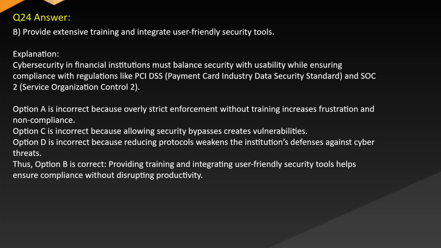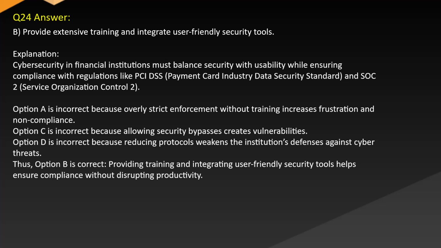Answer B. Provide extensive training and integrate user-friendly security tools. Explanation: cybersecurity in financial institutions must balance security with usability while ensuring compliance with regulations like PCI DSS, Payment Card Industry Data Security Standard, and SOC 2, Service Organization Control 2. Option A is incorrect because overly strict enforcement without training increases frustration and non-compliance.